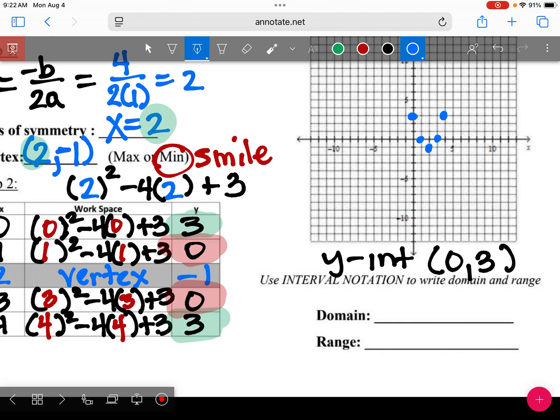So when you connect it, it should look like this. And we're gonna put arrows because this graph keeps going up. It never stops rising.